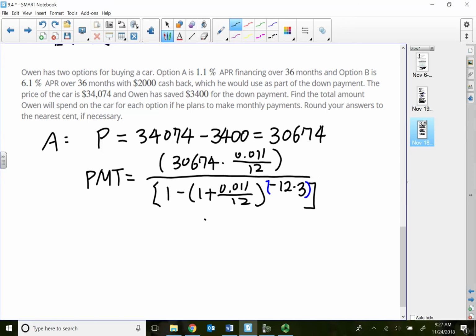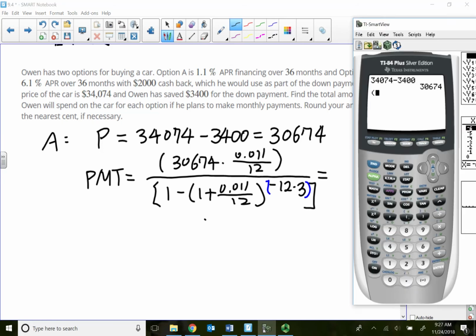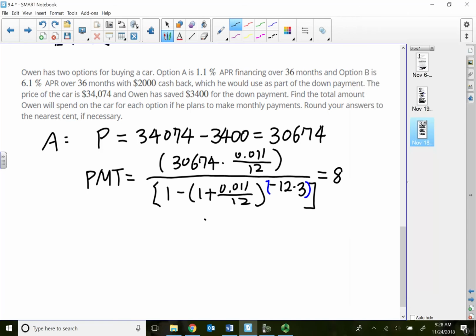Let's see what his monthly payment is going to be. 30,674 times 0.011 over 12, divided by open bracket 1 minus open parenthesis 1 plus 0.011 divided by 12, close the parenthesis, raised to open the blue parenthesis, negative 12 times 3, close the blue parenthesis, close the bracket, is $866.58. So this is his monthly payment.